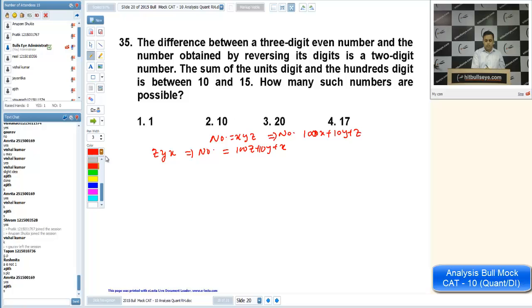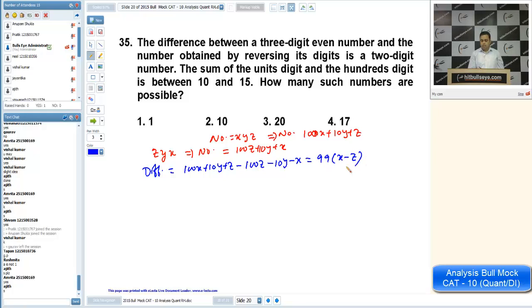Now the question is saying that their difference is a 2-digit number. So the difference will be equal to 100x plus 10y plus z minus 100z minus 10y minus x, or it is equal to 99 times x minus z. That means the difference is a multiple of 99.